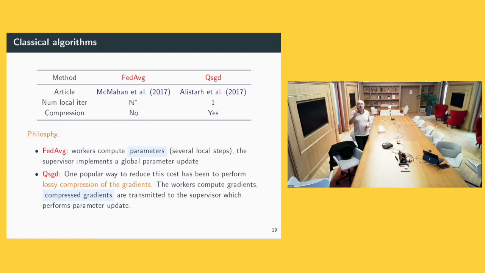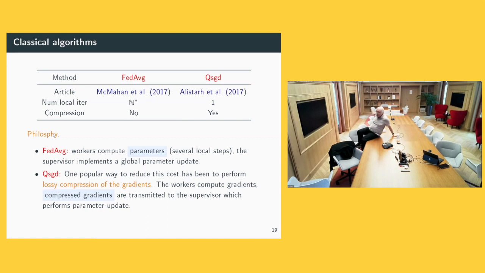There are two classes of methods which have been proposed more or less at the same time. The term federated learning was coined in 2016, and in 2017 these two very simple algorithms appeared. There are many algorithms today, but these are the two classical ones.